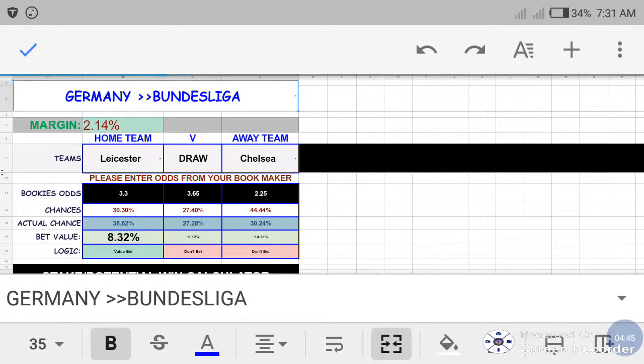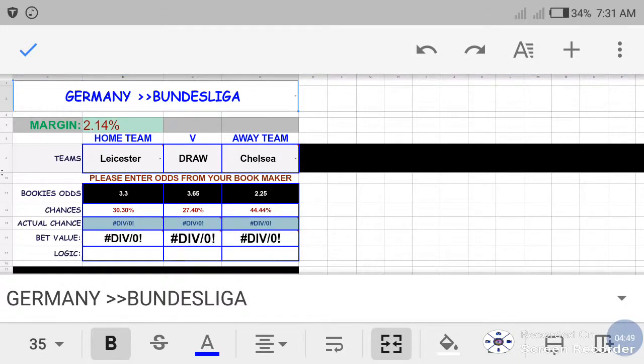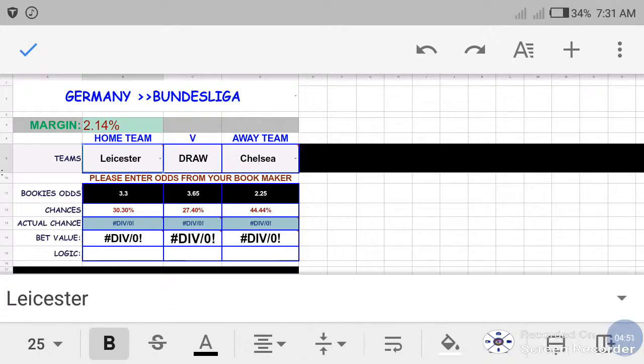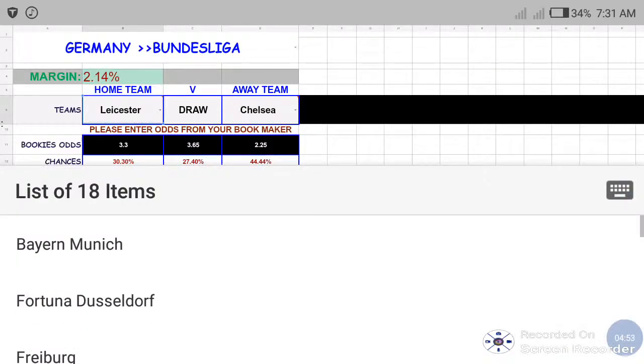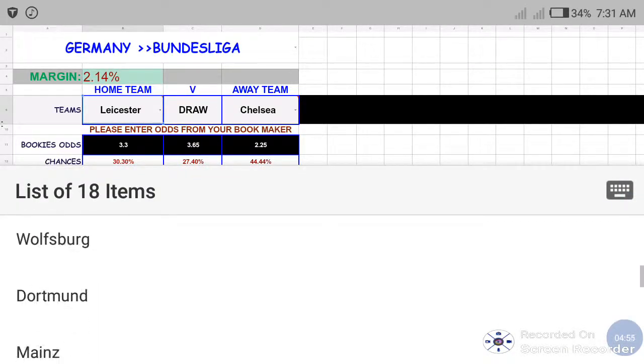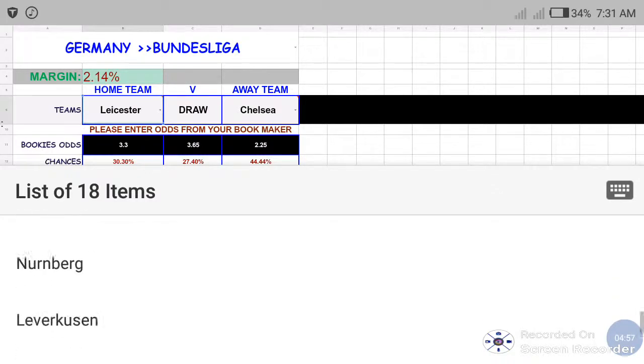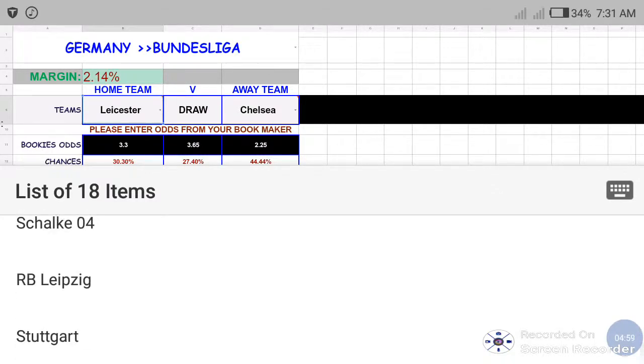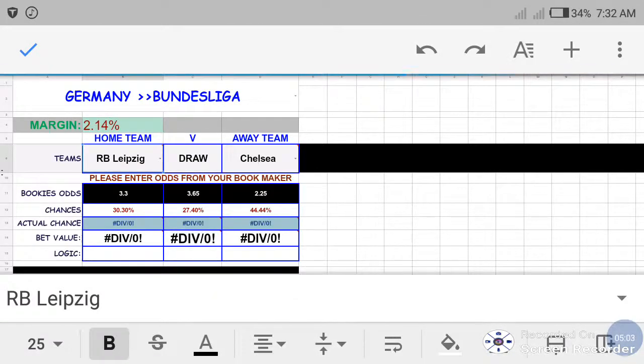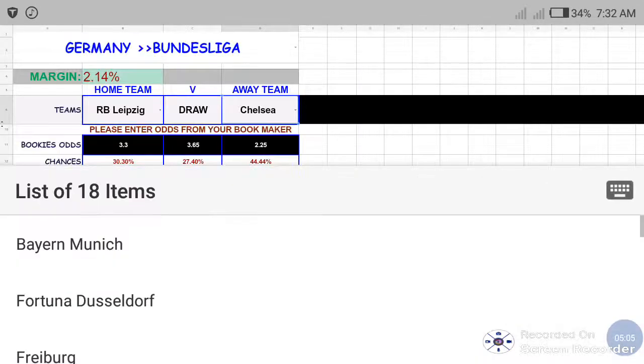After you select the league, the next thing is to select the home team. Our home team will be RB Leipzig. Then the away team here is Bayern Munich.